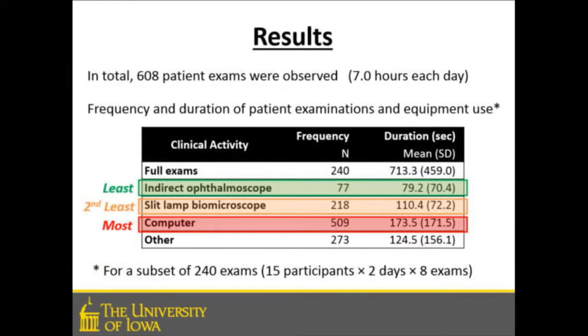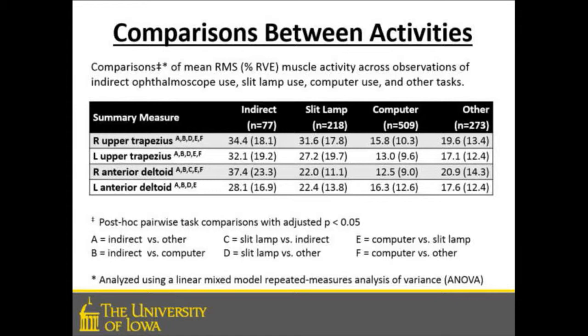If I look at some of the comparisons between activities, and I should mention that we ran these comparisons for all the different summary measures, for the interest of time, I'll just talk about the mean EMG amplitude today.